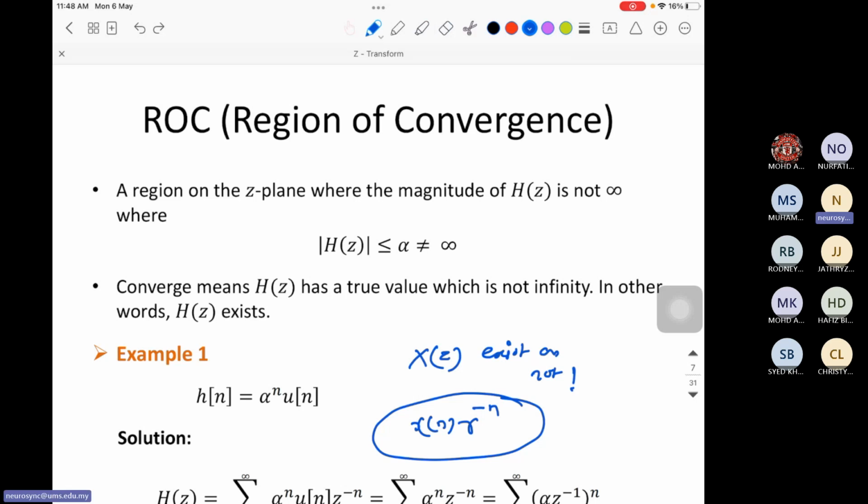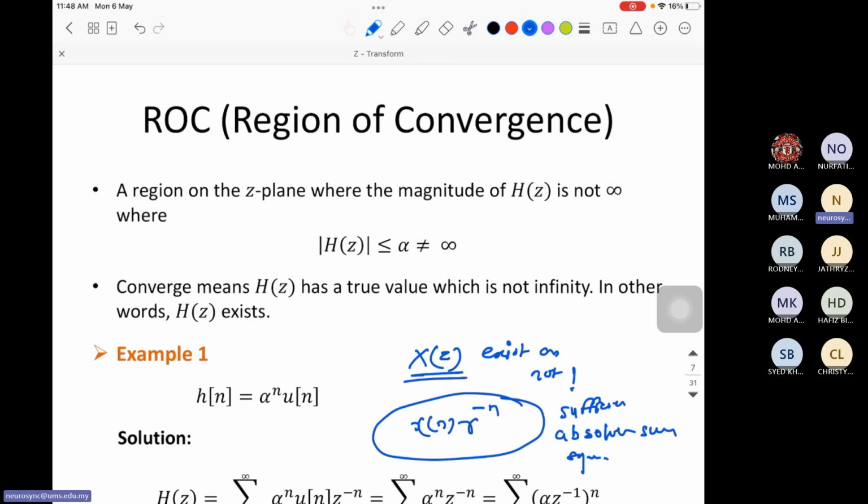Okay, they are not necessary, they are sufficient. Sufficient conditions are what? Absolute summability and square summability. Now we need to check these sufficient conditions for the existence of this X(z).